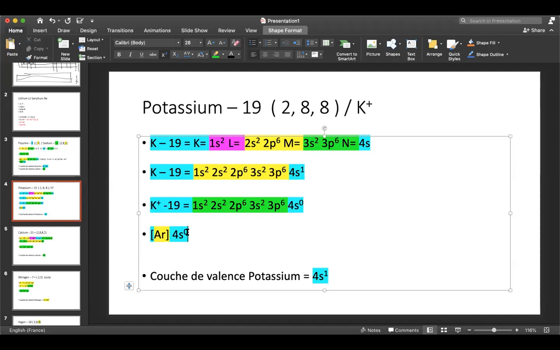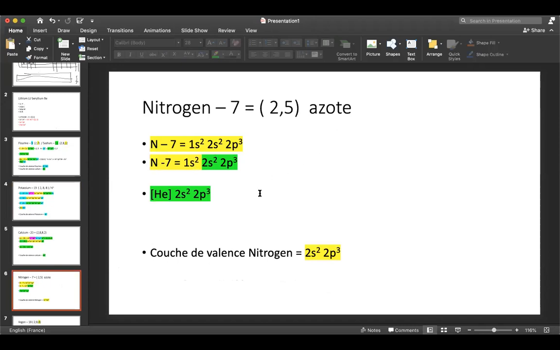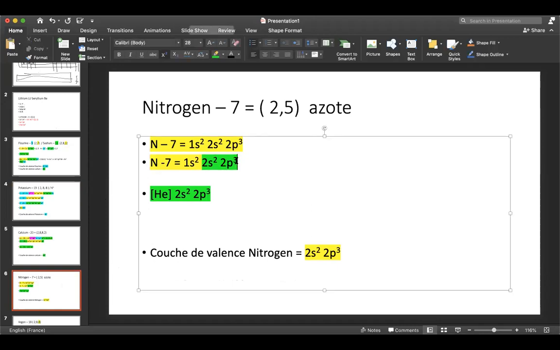Is it clear? Then nitrogen, same principle. If nitrogen forms an ion, how many electrons does nitrogen lose or gain for it to become an ion? Is it a metal or a non-metal?